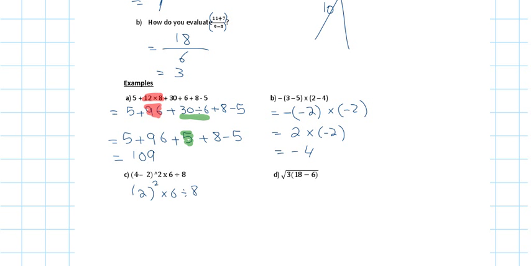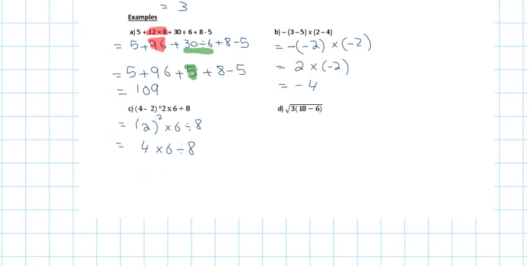Then exponent, right? So 2 squared gives me 4. Then what?